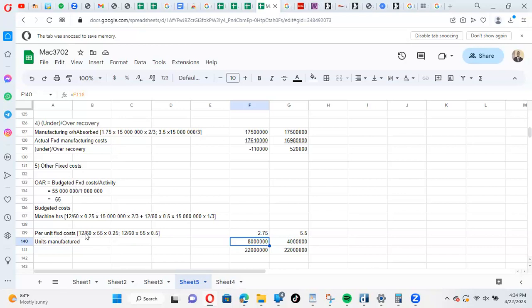So 12 over 60 is per liter, but we are only doing 0.25. And then 55 is also the rate there, given the hour. Then we do 1260 times 55 times 0.5. So they give us these amounts, then we multiply them by the units manufactured.